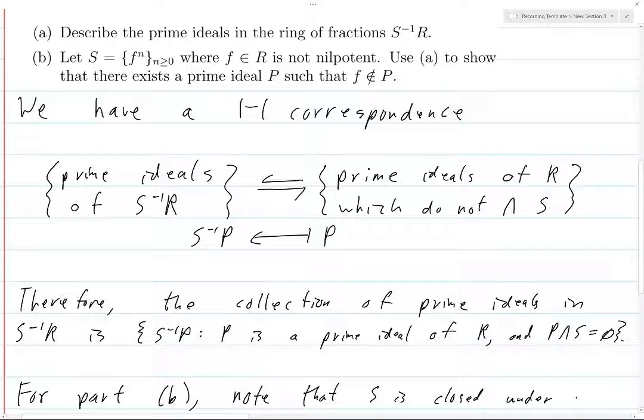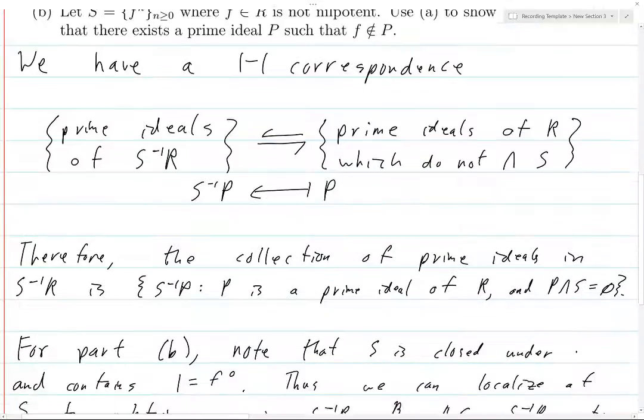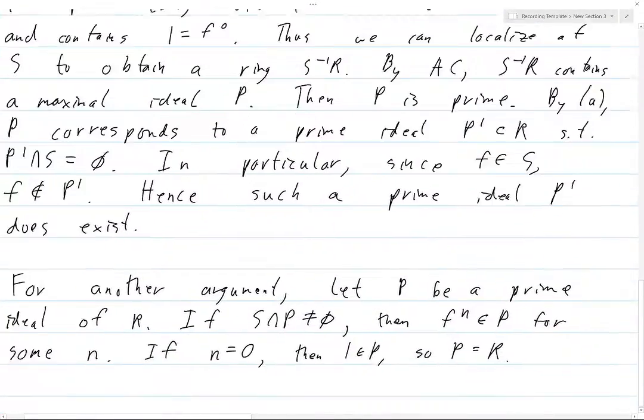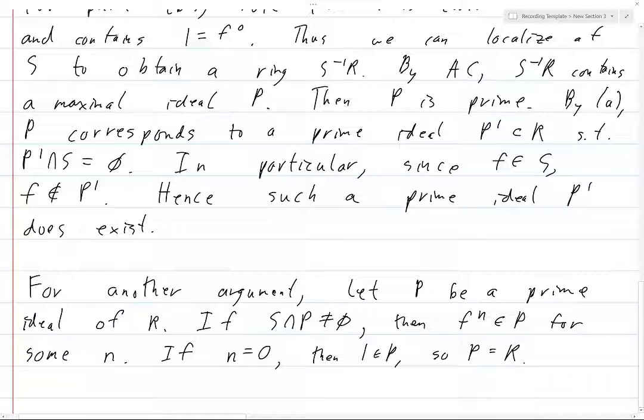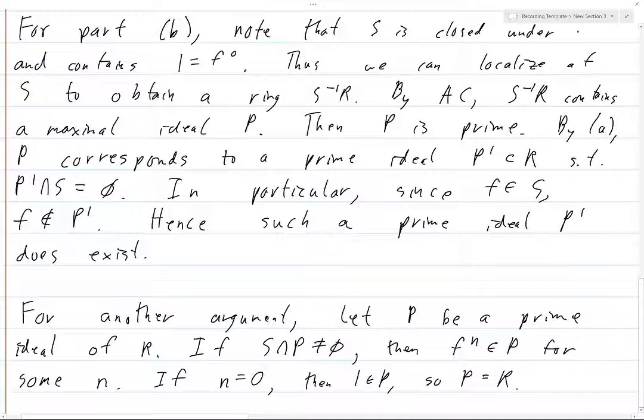Ooh, is this a problem? Oh, there might be an issue with this proof. That there exists a prime ideal which does not contain F. Right, because what my argument says is that F to the n is in P for some n, and then you're assuming that n is greater than 0, and then you just have a product of F times itself a bunch.